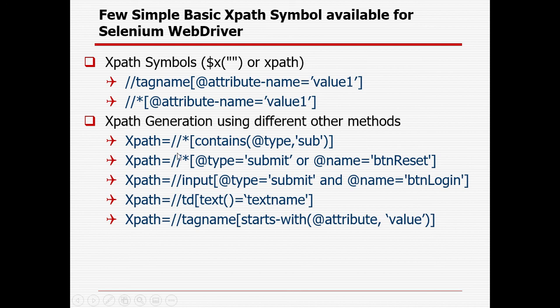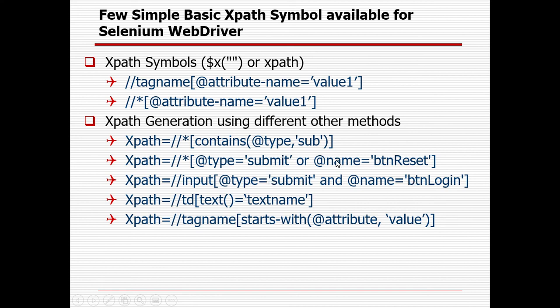And for a particular field, there is a fixed part and a dynamic part. If you want to create the XPath with the help of the fixed part only, you can use contains or starts-with. In case one element is not identified uniquely, you can use AND, where you can use multiple attributes and the corresponding values.